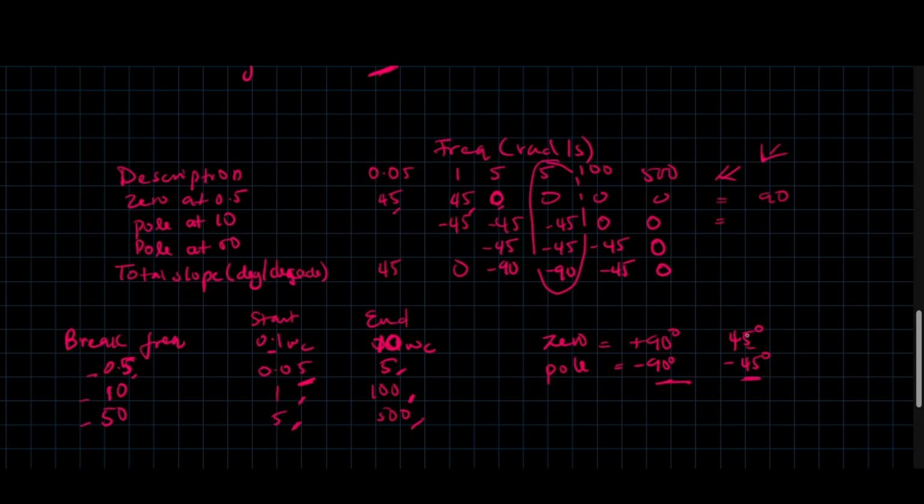So this is going to be minus 45 minus 45. That will be minus 90. Because this is just tautology. If you add up this 45 and this 45, you're just repeating the same thing. It's minus 90, and that's the last one. So you can see that we can say that the pole at the origin contributes minus 90 at all frequencies. So this will factor into our graph.